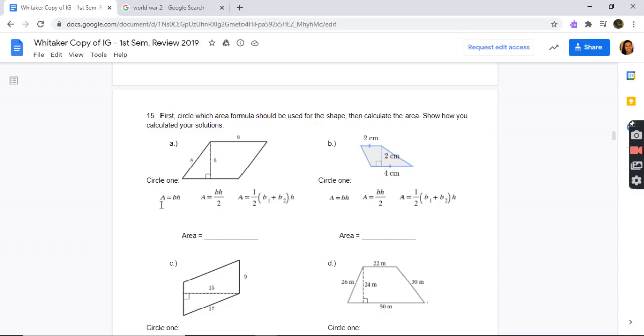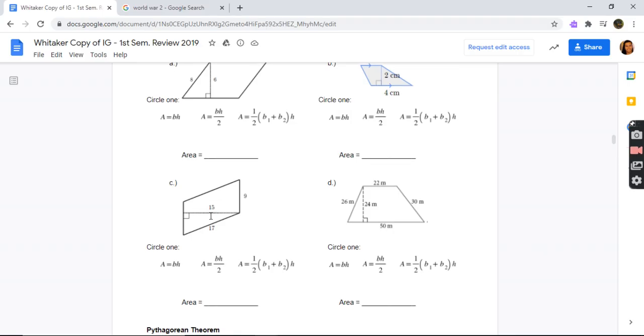A equals BH. A equals BH divided by 2. A equals 1.5 times B1 plus B2 in parentheses, with H. B is 2 cm, 2 cm in this, and 4 cm. Circle one. A equals BH. A equals BH divided by 2. A equals 1.5 times B1 plus B2 in parentheses by H. C: 15, 17, and 9.